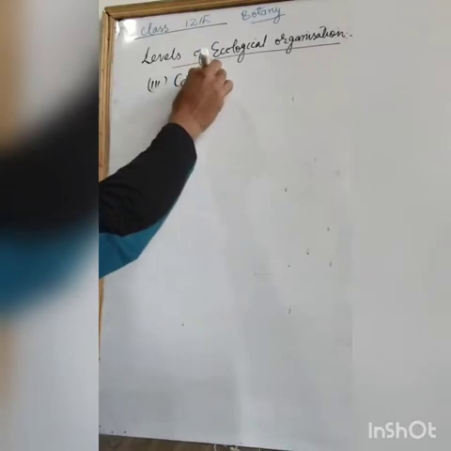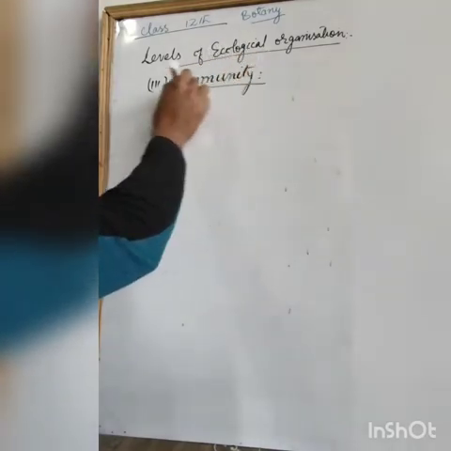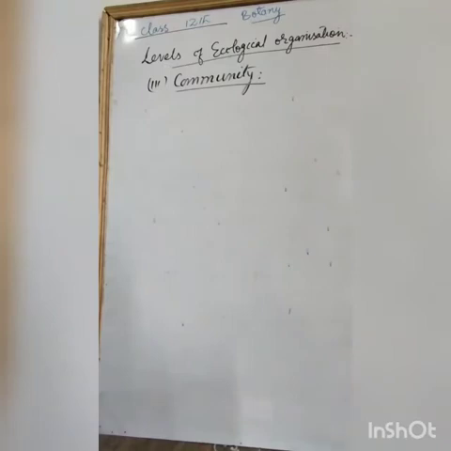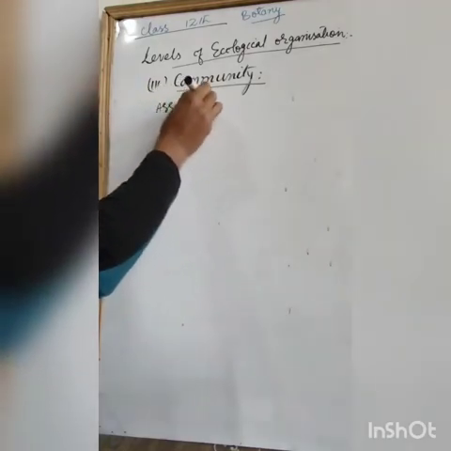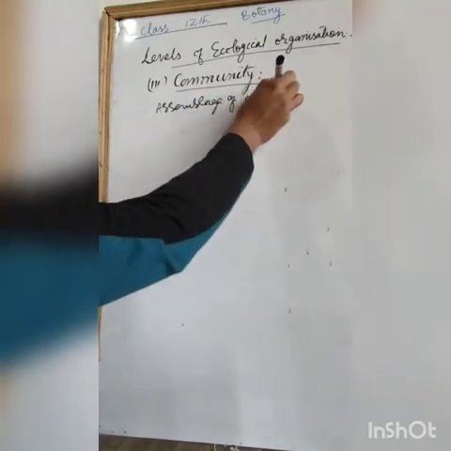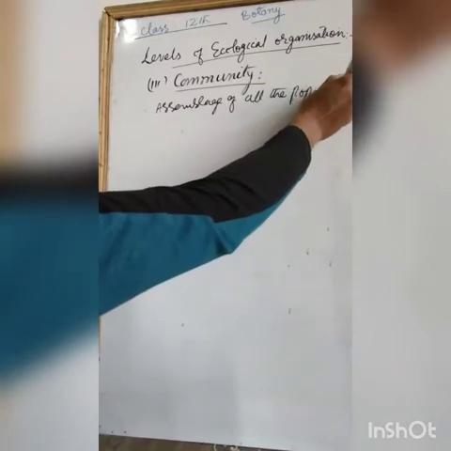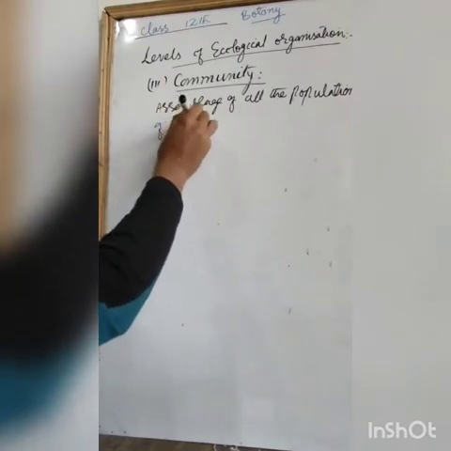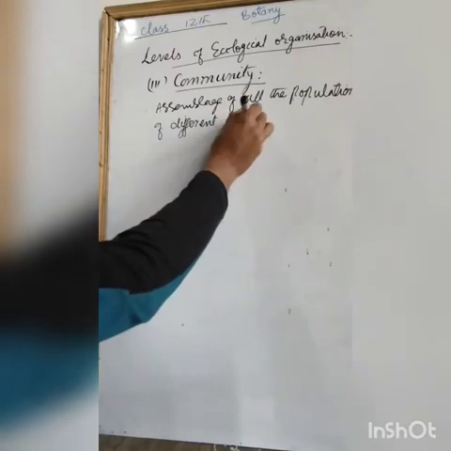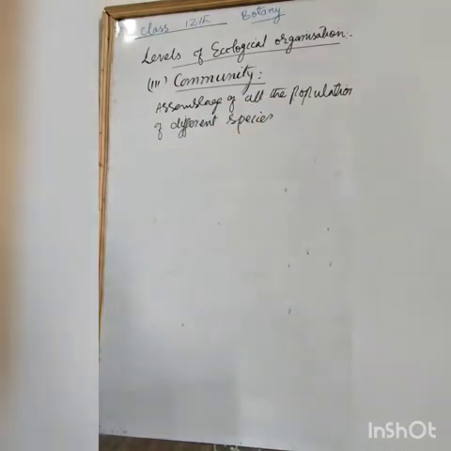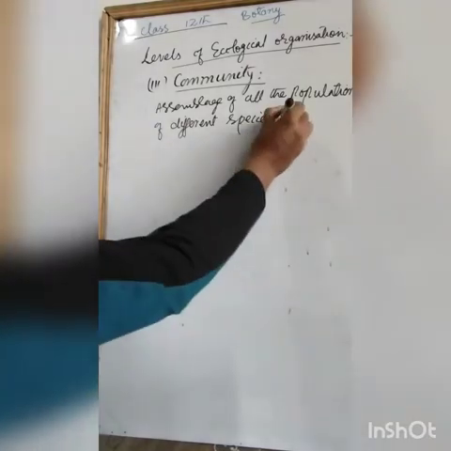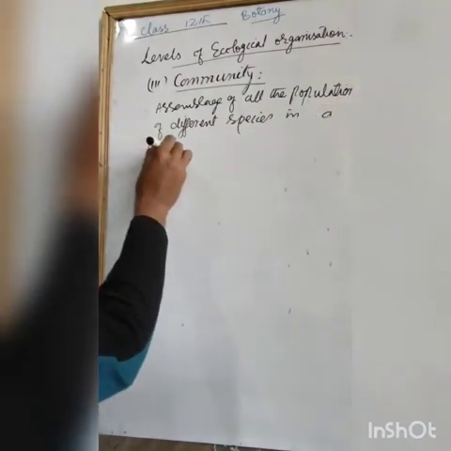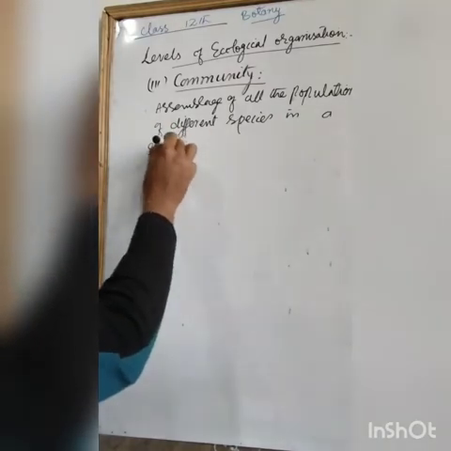Another level of ecological organization is community. It is an assemblage of all the populations of different species in a specific geographical area.